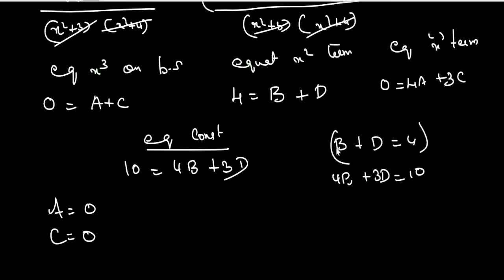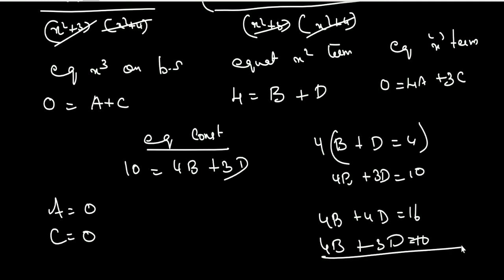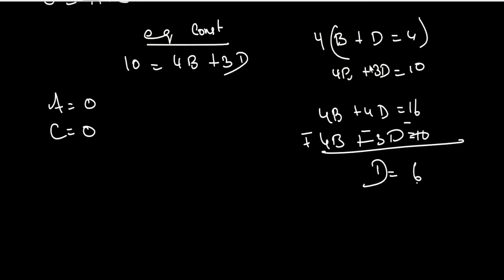Multiply by 4, so 4b plus 4d is 16. Subtracting, you get d is 6, and b will be minus 2.